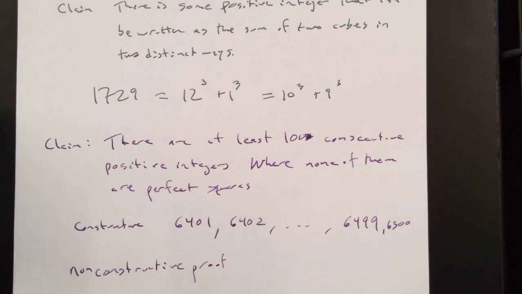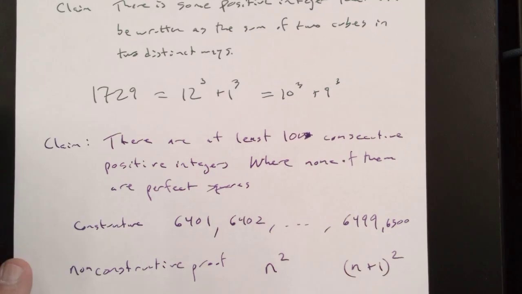If I want none of these numbers to be perfect squares, then all of my numbers have to be between n squared and n plus 1 squared. Yes? If all of my values are between these, then none are perfect squares.